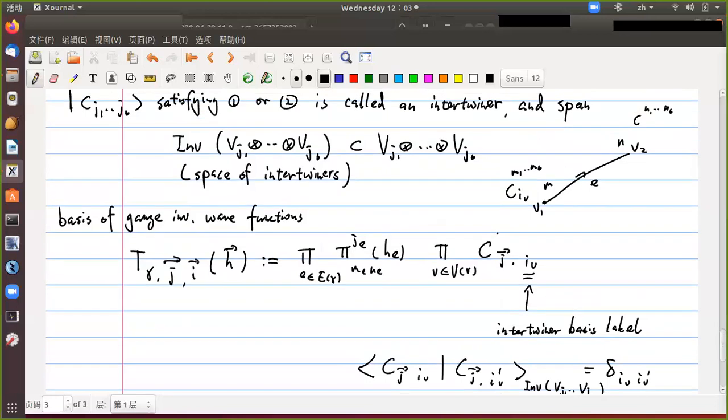From this diagram you can see how these M and N indices are contracted, which means in this formula you should contract the M_e, N_e indices at all vertices.